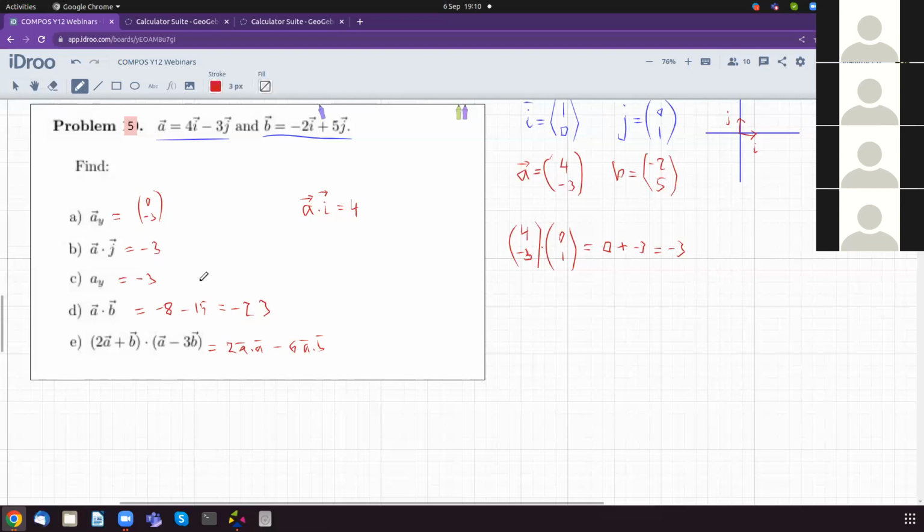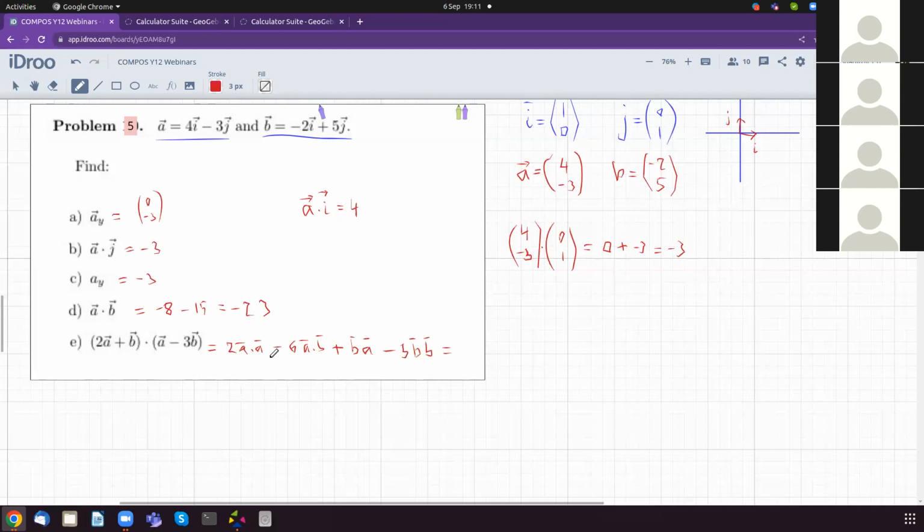This is important to understand. 6AB plus BA. Sometimes you are allowed to drop the vector symbols if it's quite obvious what you're doing. Minus 3BB.